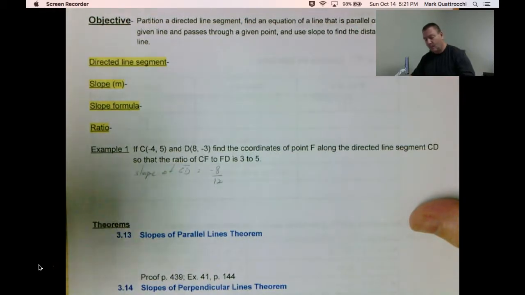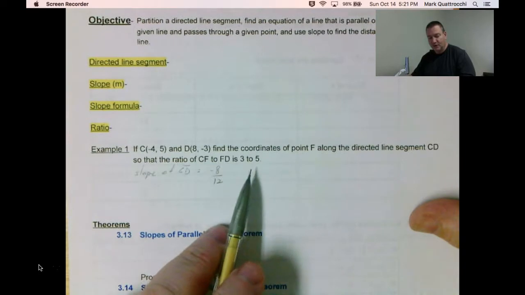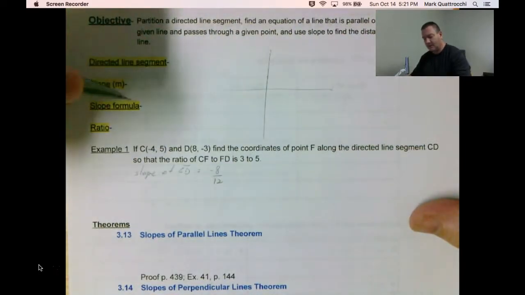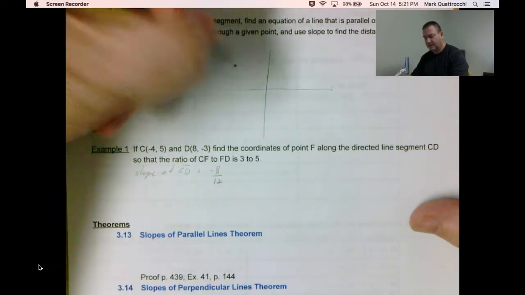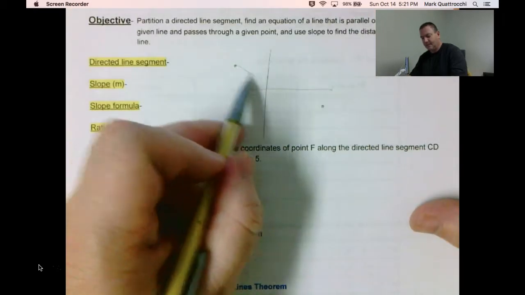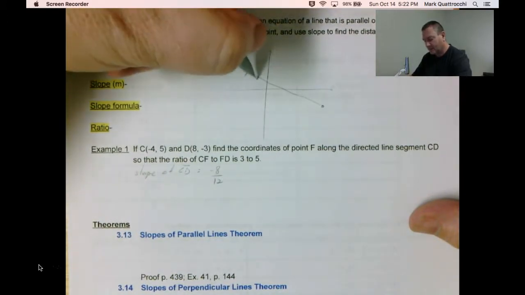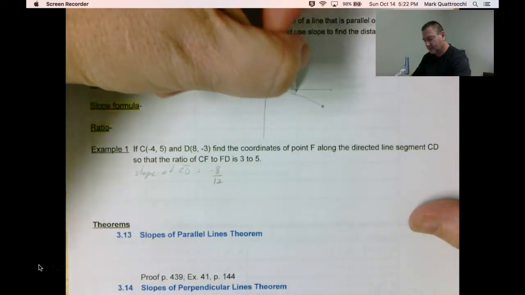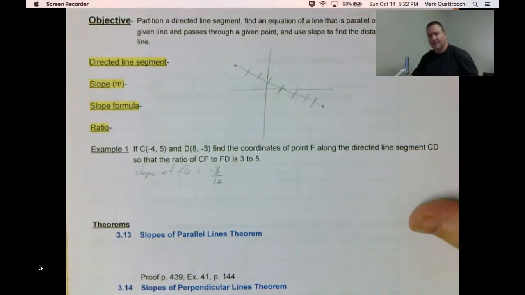So why is it that we're going to use a 3 to 8 ratio and not a 3 to 5 ratio? I'm not going to actually plot these, but if this is point C and this is point D, we want to break these up into 3 segments, 1, 2, 3, and 1, 2, 3, 4, 5 segments.